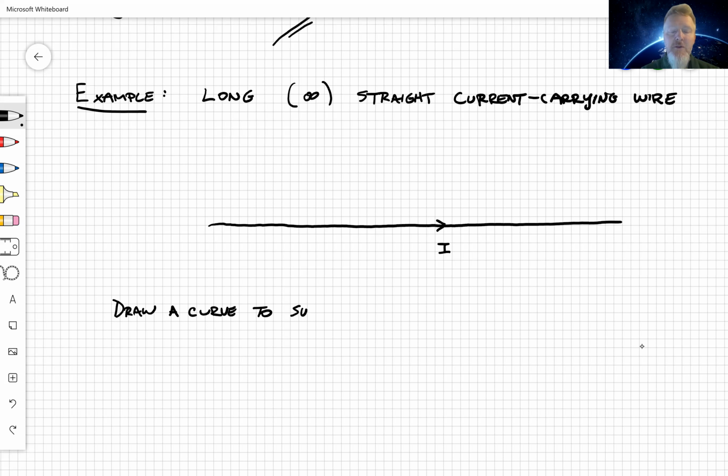We need to not sum, but find the circulation of B in terms of the enclosed current.